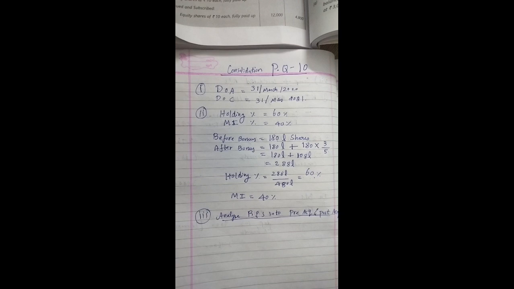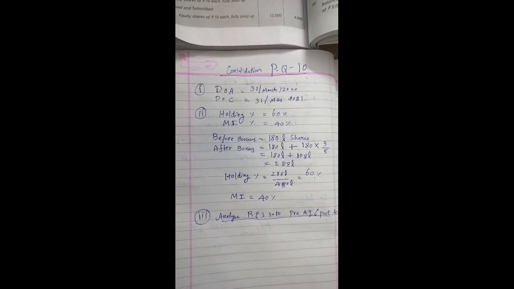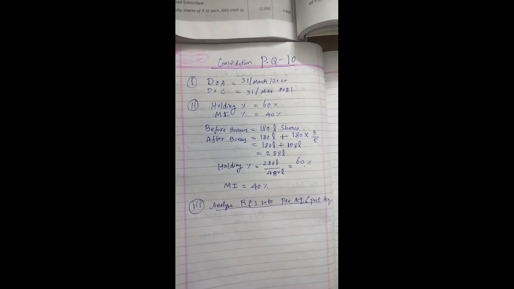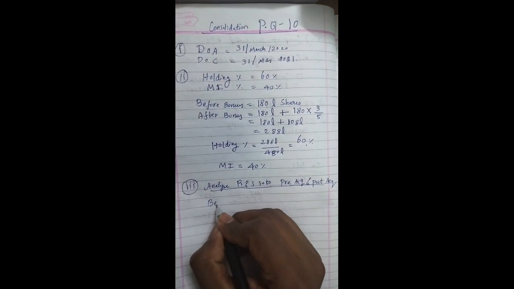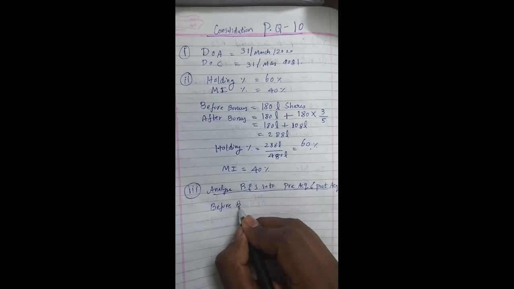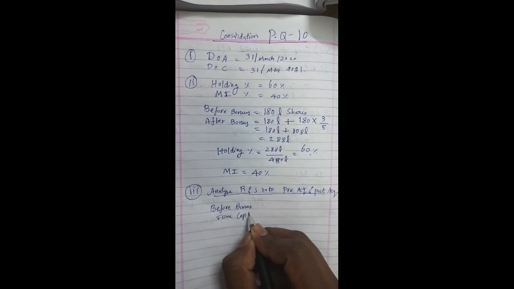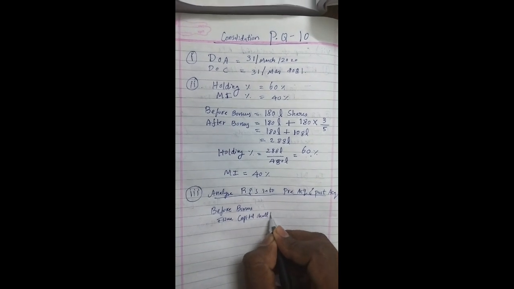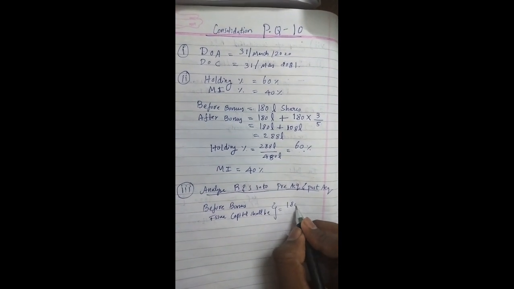If bonus is issued, reserves will reduce and capital will increase, so the percentage will not differ. So before bonus issue, capital shall be 180 lakh.